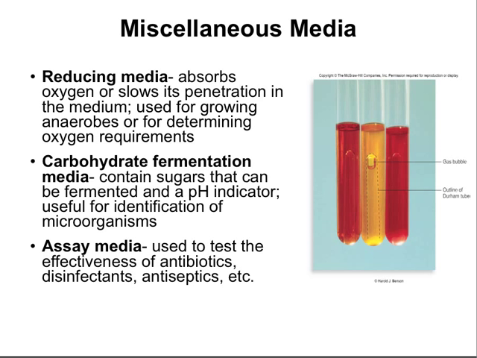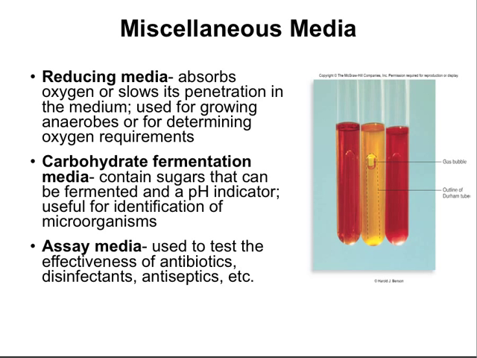There's also carbohydrate fermentation media. This media contains sugars that can be fermented, as well as a pH indicator that's useful for identification of microorganisms. If the microorganisms are present that ferment carbohydrates, then we'll see this pH indicator change color. We'll also see that there are assay media.